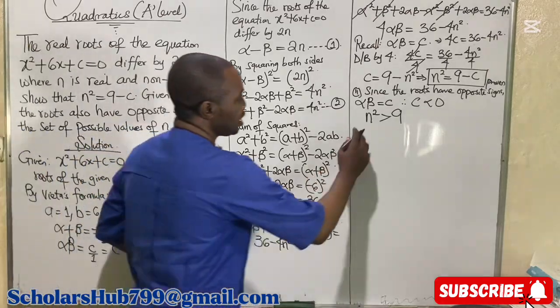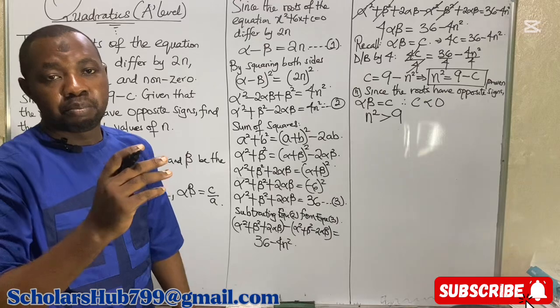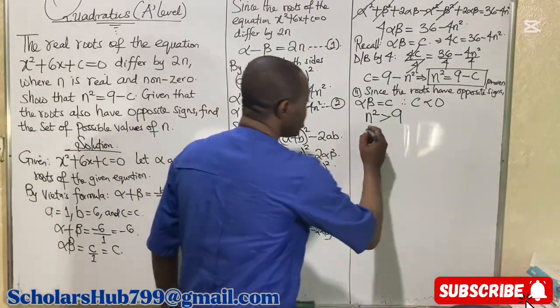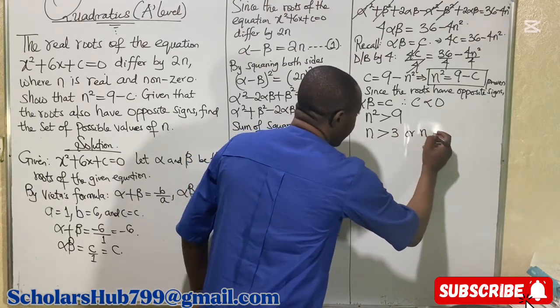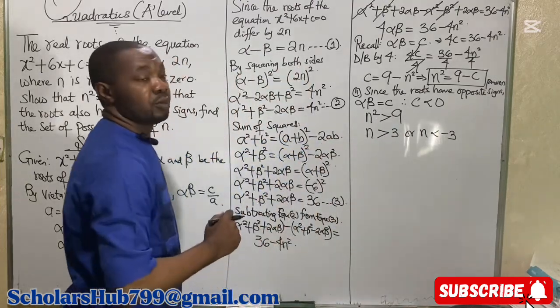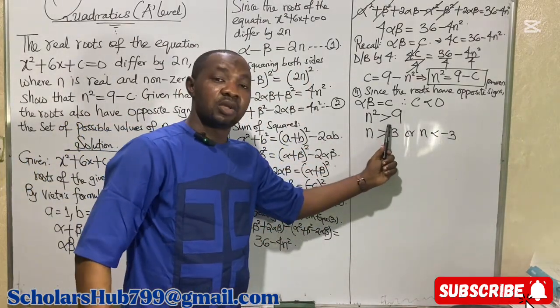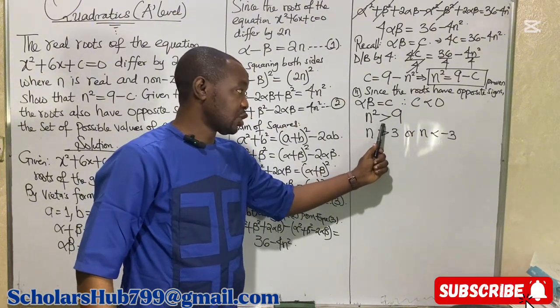In this case, if we take the square root of both sides, we are going to have plus or minus the square root of 9. So in this case we have n greater than 3 or n less than -3. Now we know what to do from here, just like when we write this as an equality instead of an inequality as we have it here.